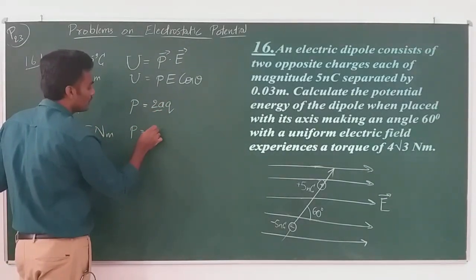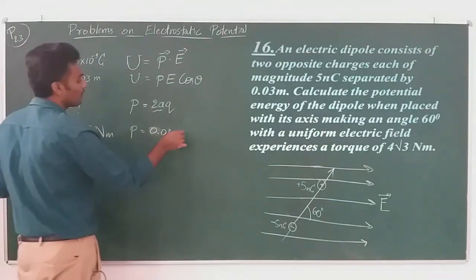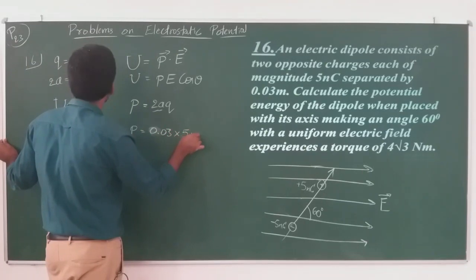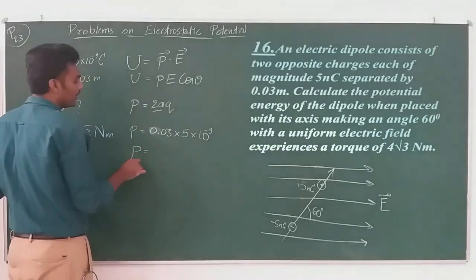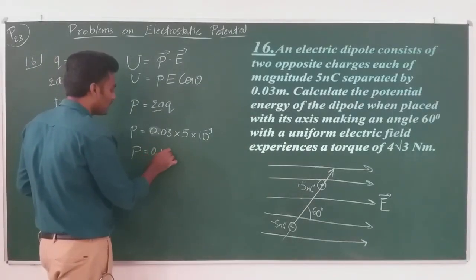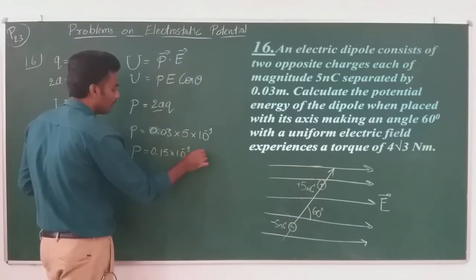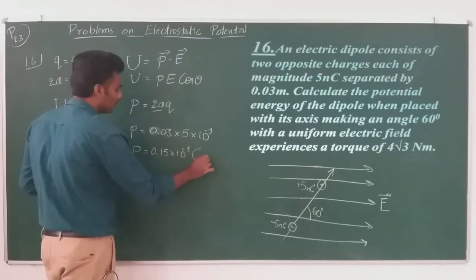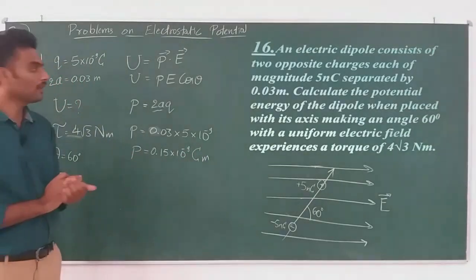So it's 0.03 into the charge, which is 5 into 10 to the power of minus 9. So the dipole moment of the given electric dipole is 0.15 into 10 to the power of minus 9 coulomb meter.